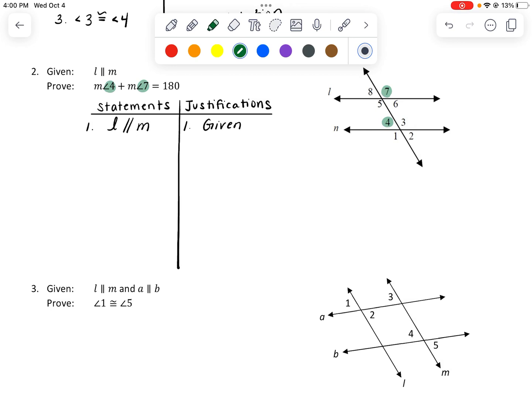So I am going to look for things that are congruent that I can loop between. So I know that 4 and 7 have to equal 180. So I'm going to look for 4 and something else that equals 180. So I see that if I do 4 and 3, these are going to be a linear pair.